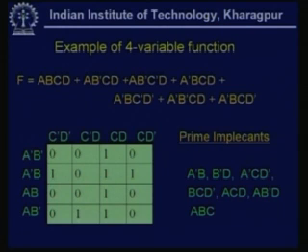Now, see, if I take this particular example, this is A dash B dash for the first quad. Then for C dash D and C D, that means D and B dash.